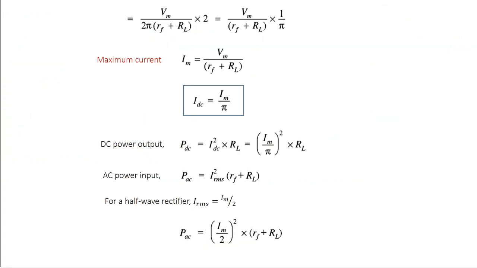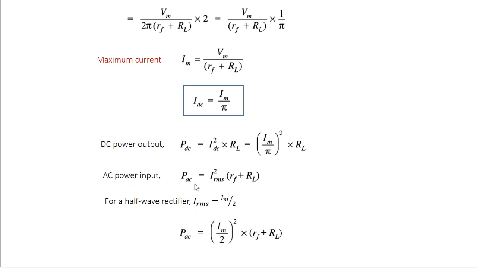And from your plus 2 classes, you would have studied that in the case of a half-wave rectifier, the RMS value is given by the maximum value divided by 2. In case you don't know about this result, you can refer to the textbook. I am not going into the details of this derivation.